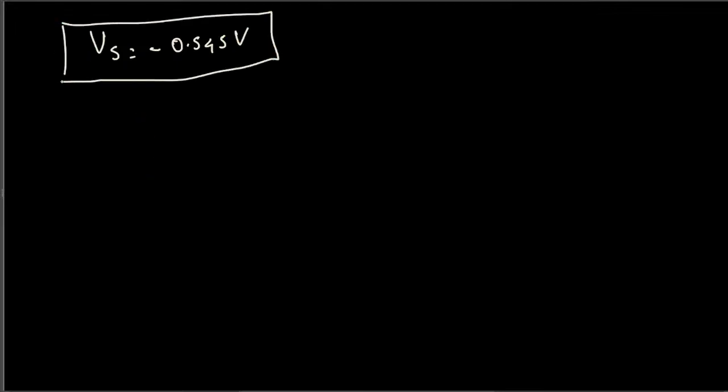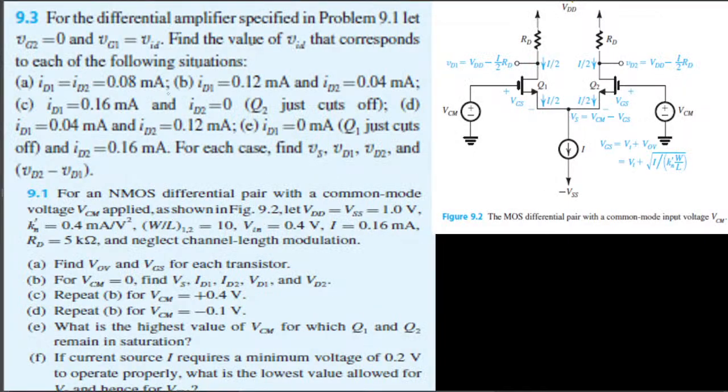Now once we find Vs, we have to find Vd1, Vd2 and Vd2 minus Vd1. To find Vd1, you just use this equation, Vdd minus I divided by 2 times Rd. This is based on the KVL applied here. Also you can write this in terms of current. This current must be equal to this voltage minus this voltage divided by the resistor in between, and if you rearrange, you get this.